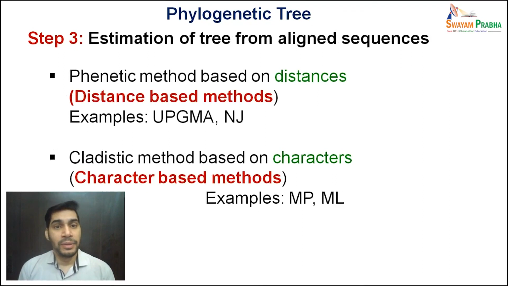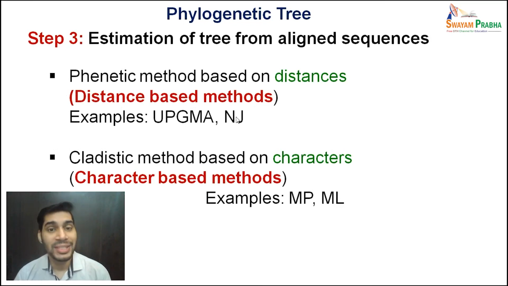Now let us quickly move to estimation of trees from the aligned sequences. There are two major methods. One is called phenetic methods, which are based on distances, and thus they are also called distance based methods. The prominent examples are UPGMA, that is unweighted pair group method with arithmetic mean.